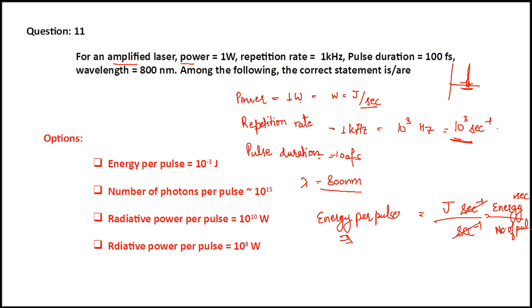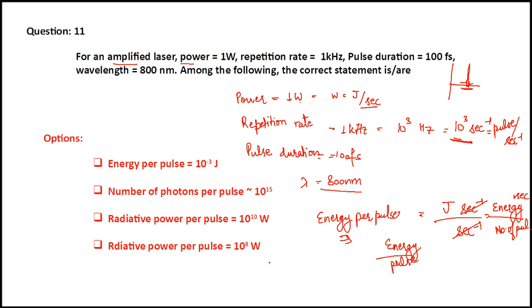And if I divide them, I'll get energy per pulse, right? Because the repetition rate means pulse per second, and this is energy per second. If I divide, the seconds get cancelled, and I'll get energy per pulse.